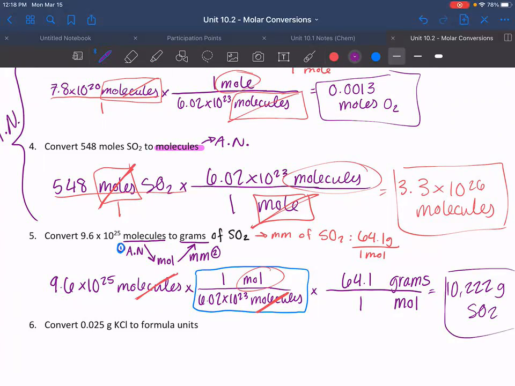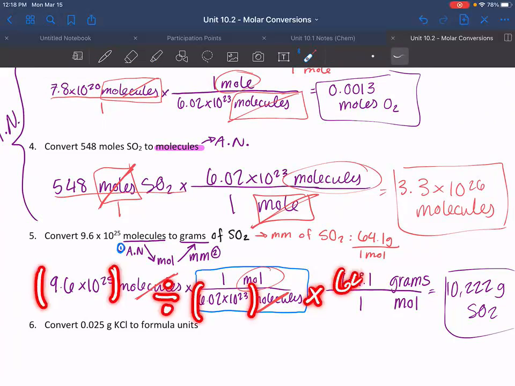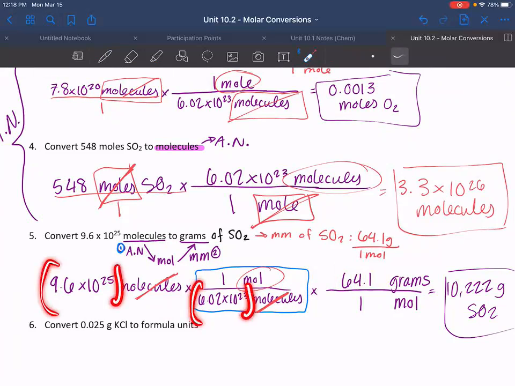If I was typing this into my calculator, I put parentheses around the outside of this coefficient and here. So parentheses, and then I do divide, parentheses, times, and then 64.1. Make sure that you're putting parentheses around these outer terms here. It'll just help. Otherwise, you'll start getting crazy stuff.